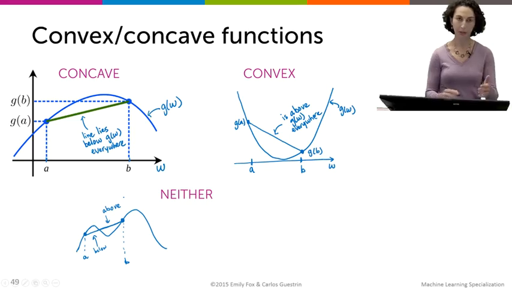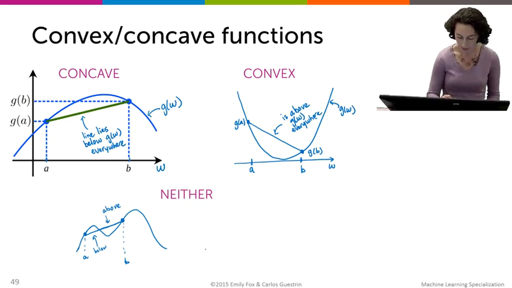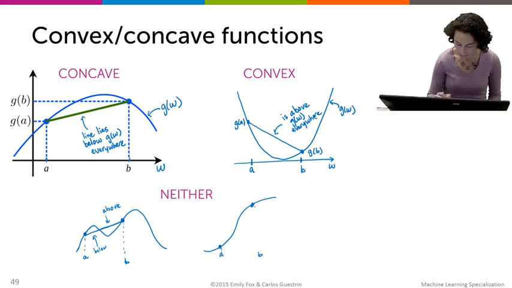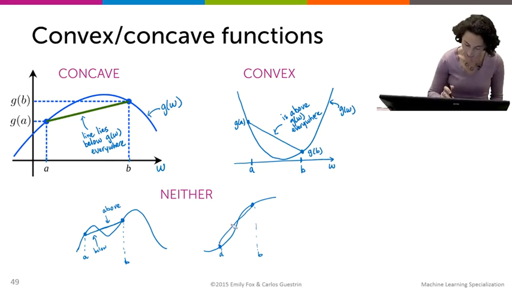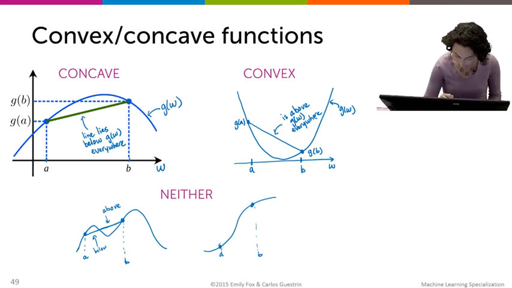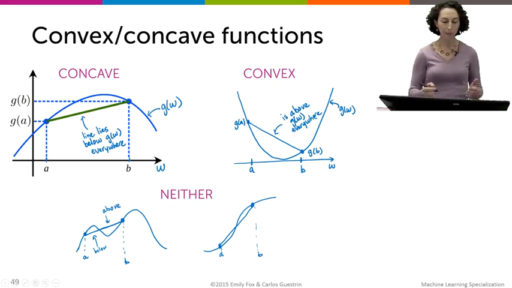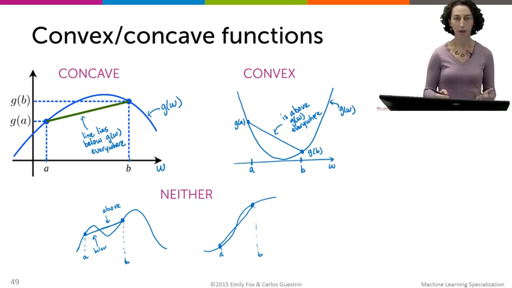So it doesn't satisfy either the concave or convex criteria. And likewise, this function has the same property. A and B, draw our little line, which, okay, I didn't draw that well at all. Let me try and draw a straight line, but I think you get the point that neither of these functions are concave nor convex.